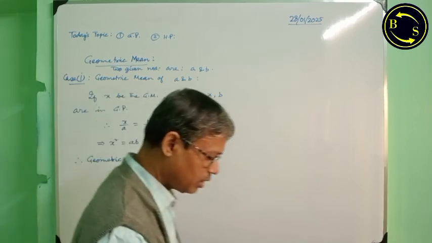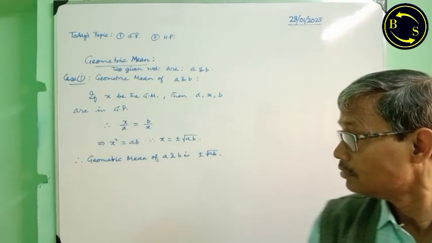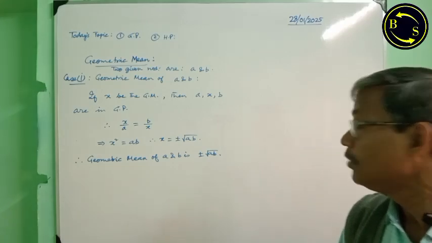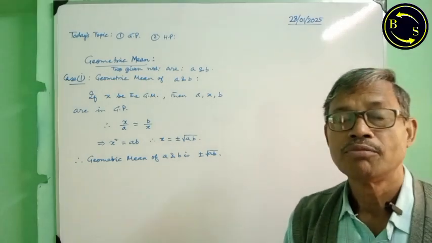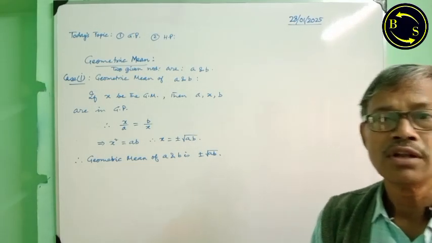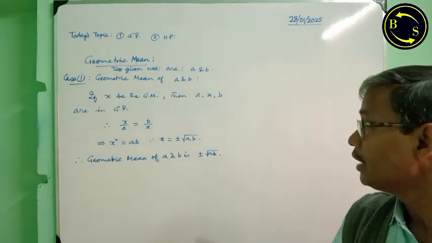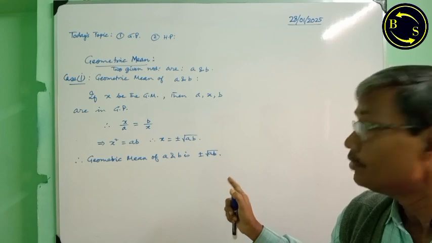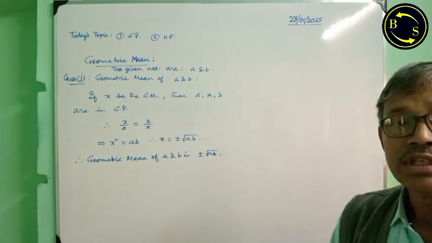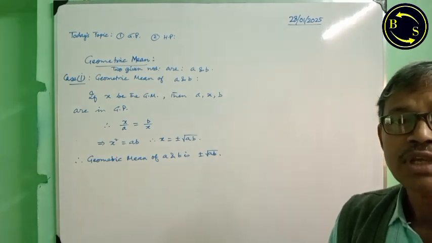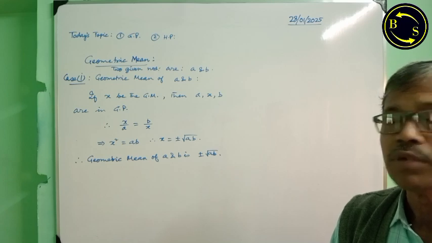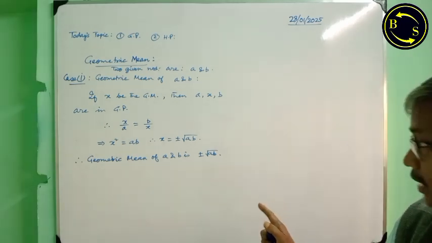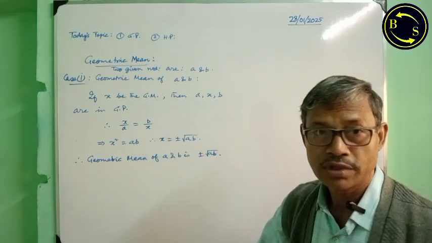Actually, you have learned in earlier class mean proportional of two numbers, and in case of geometric mean, you see the same. That means geometric mean or mean proportional of two numbers are the same. Here we just use the term geometric mean. Actually this is mean proportional of A and B.